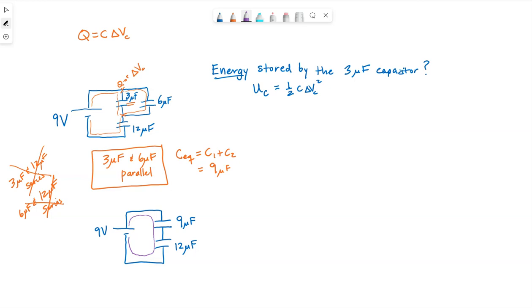Now, I don't know Q or delta V for either capacitor still, which means I want to take one more step and find the equivalent capacitance. I'm going to go ahead and plug this in my calculator.